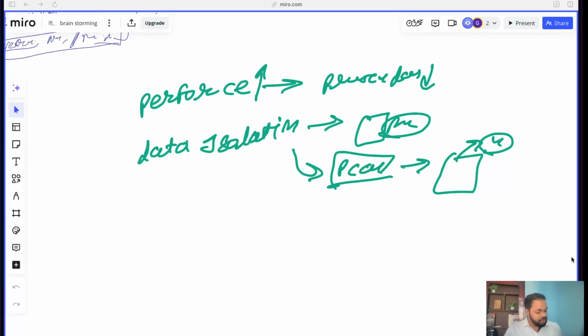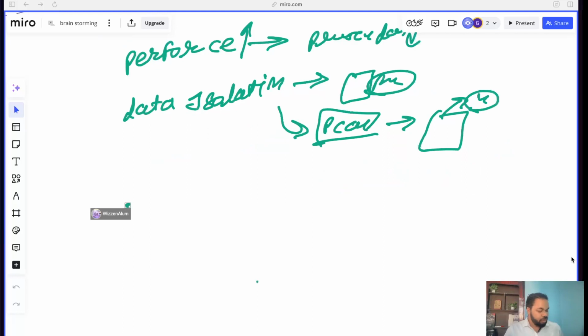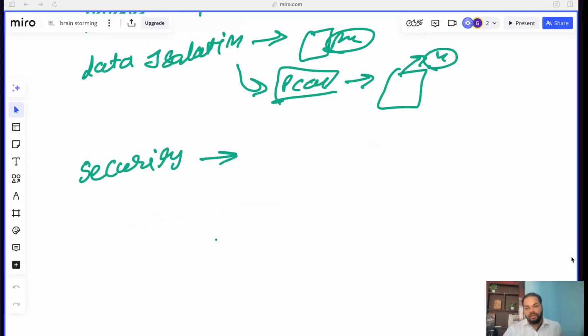The third important part is security. And how can it improve security? When you are partitioning your database or your data, you can partition in such a way that the one partition in which you have the sensitive data, you protect with more firewalls or more security policies.